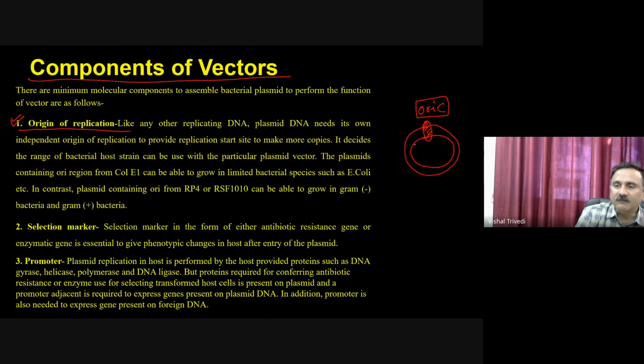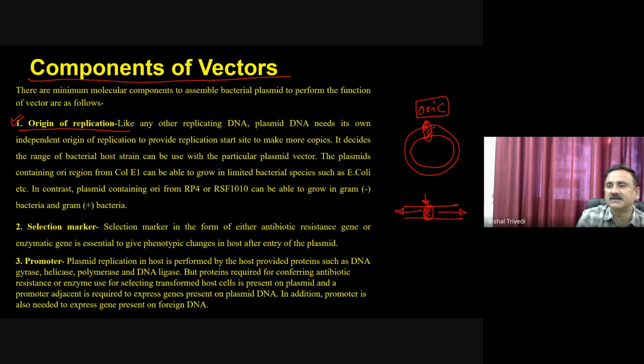If you have a linear DNA, the DNA is melted by helicases at some place, and this place is called the origin of replication. From this point, one replication fork will go in this direction and the other replication fork in this direction.